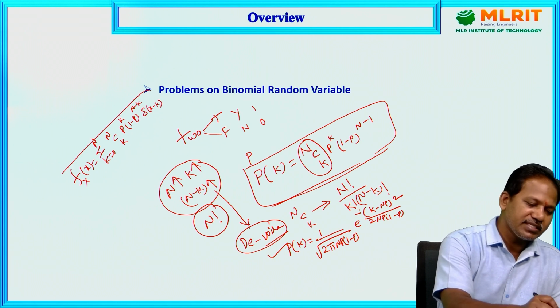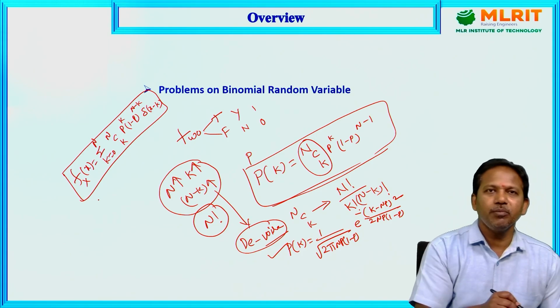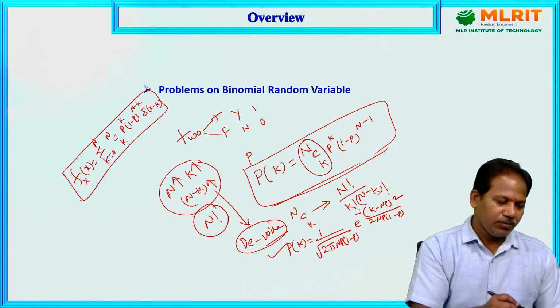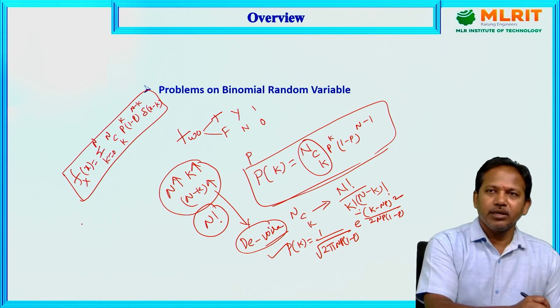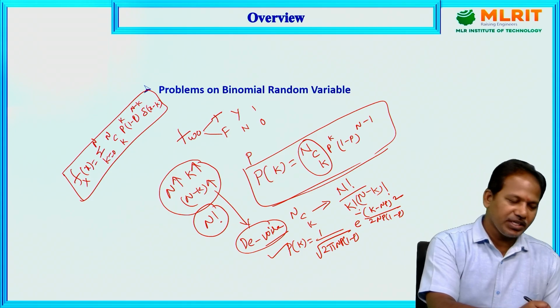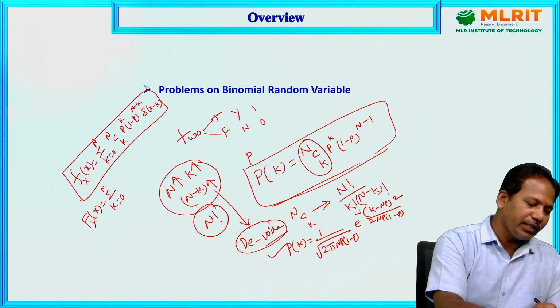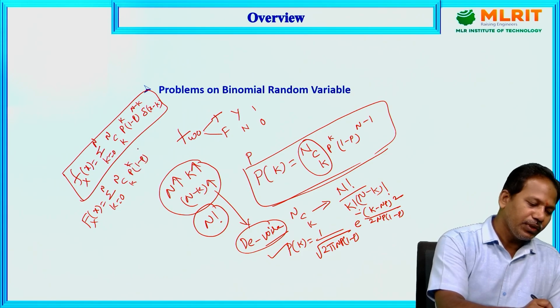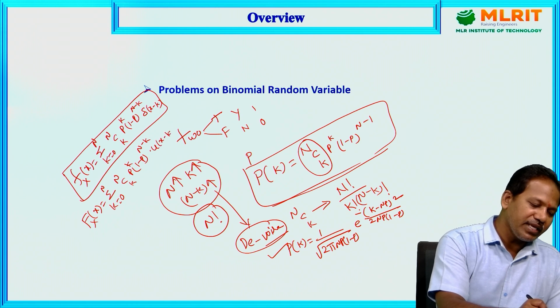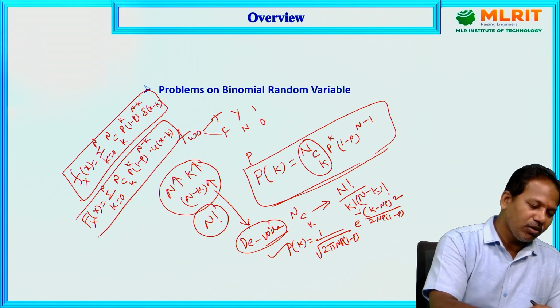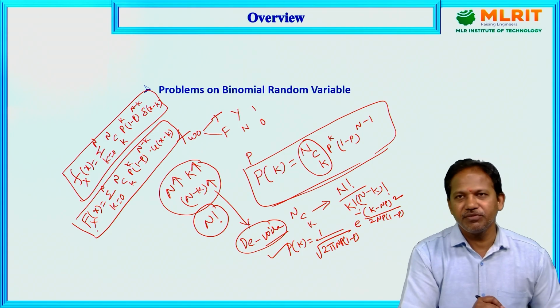Now the binomial probability distribution function is fX of x equal to summation of k equal to 0 to n, nCk into p power k into (1 minus p) power n minus k, into u of x minus k.